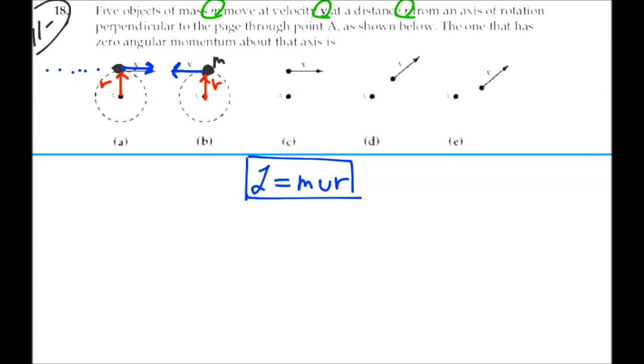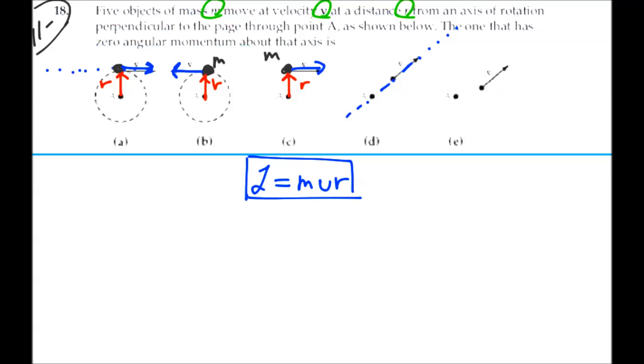Alright, if we look at C, very similar thing. We have a velocity going this way, we have a mass m, and we have an r, which is this distance right there.